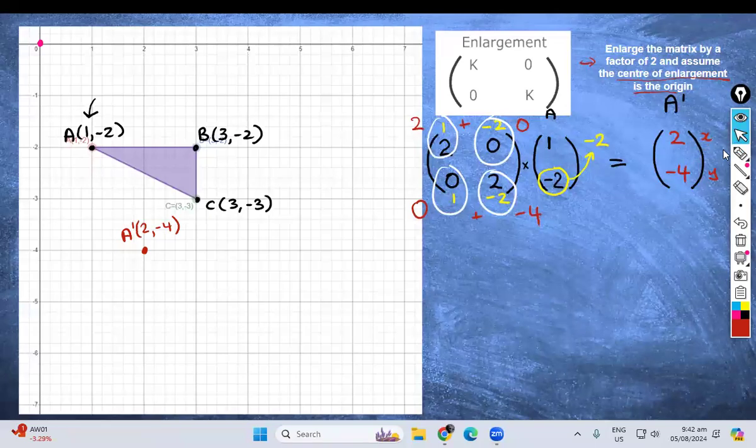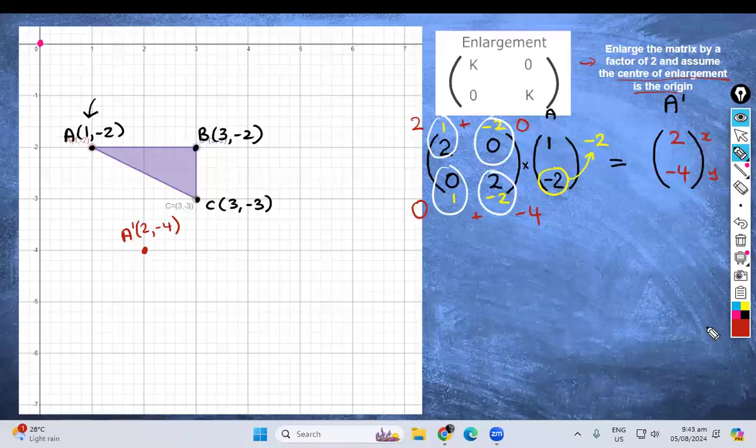Now, let's say the examiner says, do not do the drawing method, and he wants you to use the calculation method. Do you think it's okay just to take all the points and multiply them by 2? No, you won't get the marks in the exam.